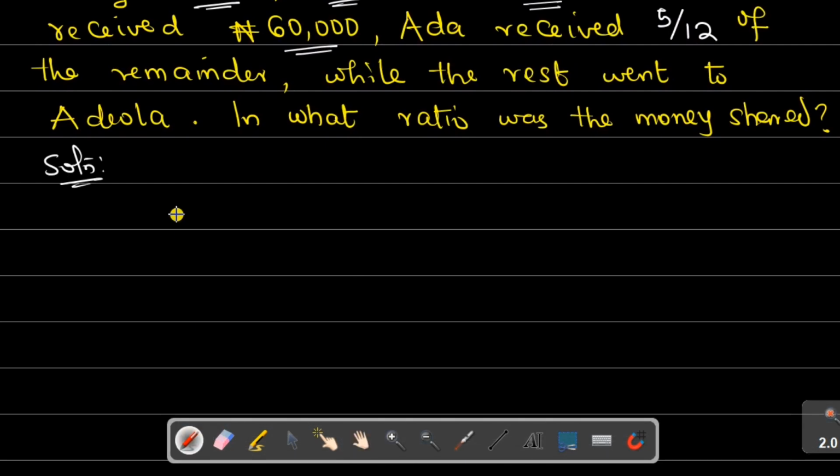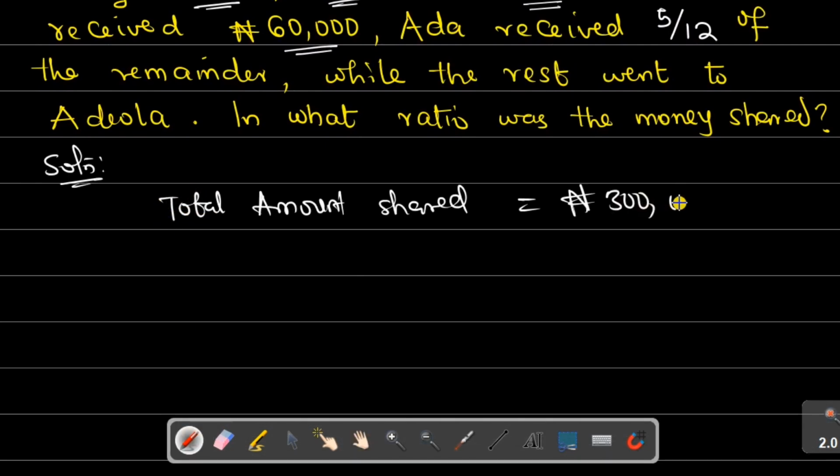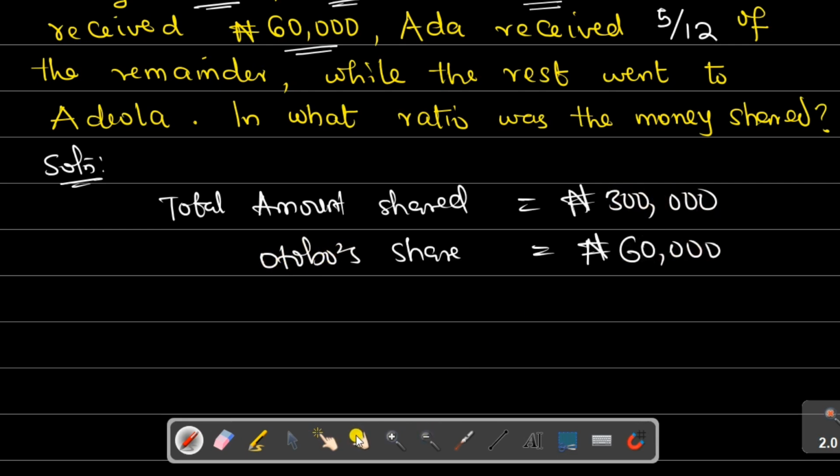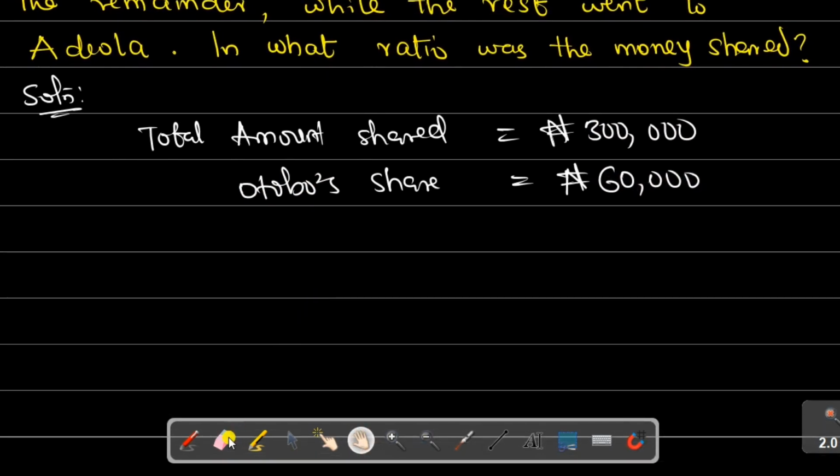So the total amount shared, and the first person, Otobo's share. By the time you remove Otobo's share, because they said Ada's share is 5/12 of the remainder, we need to get the value of the remainder.